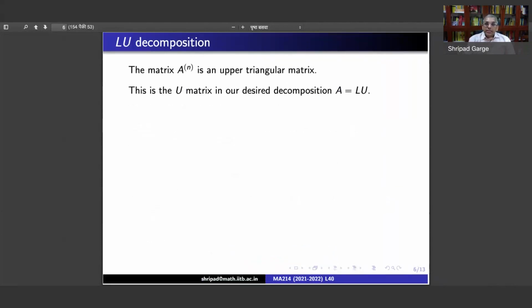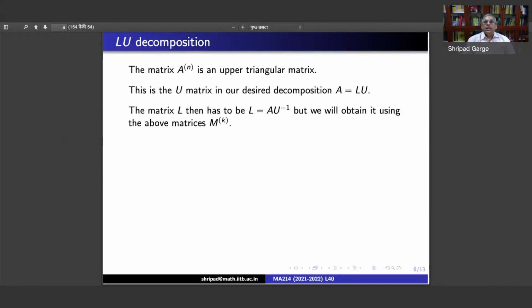So this is the U which we will have in our desired decomposition of A equal to L into U. So once you have U and you know what is A, then you can easily compute L, which will be A into U inverse. Right? So the matrix L then has to be L equal to A into U inverse.